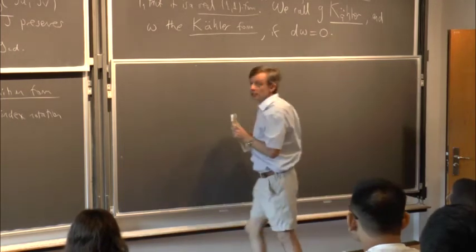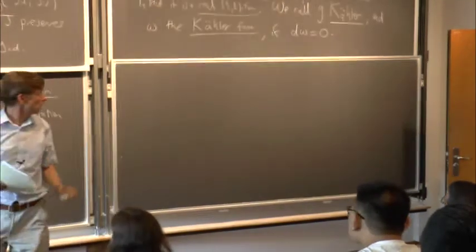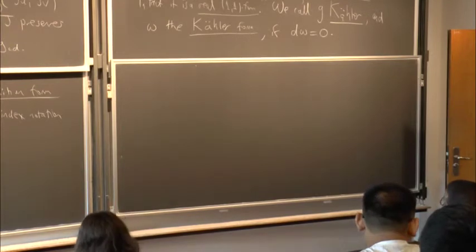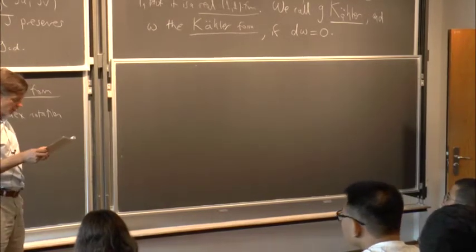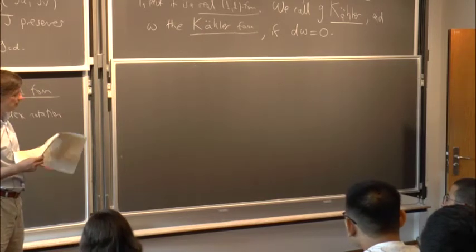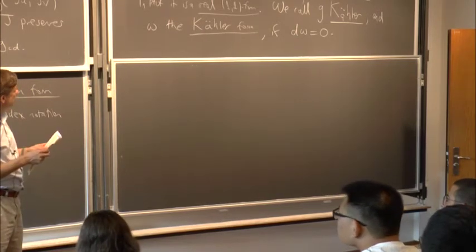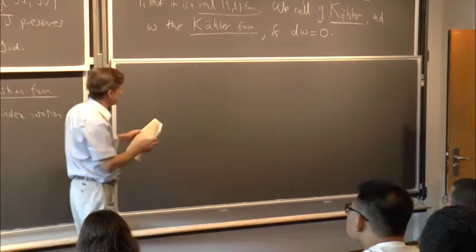So the extra condition is that we want the two-form omega to be closed. That's a partial differential equation on the metric g and the complex structure J.